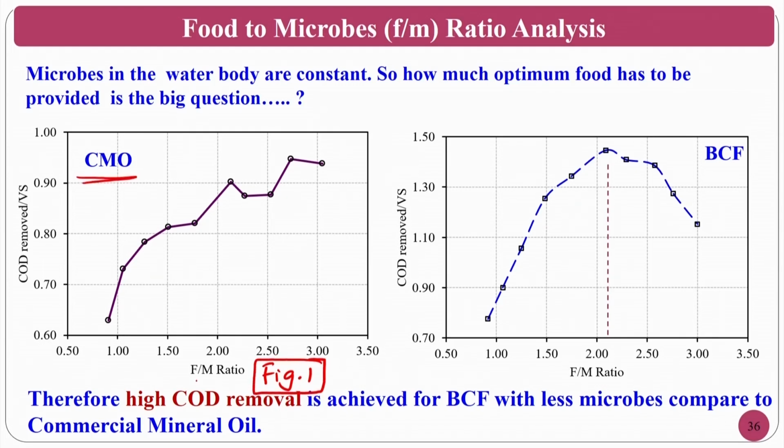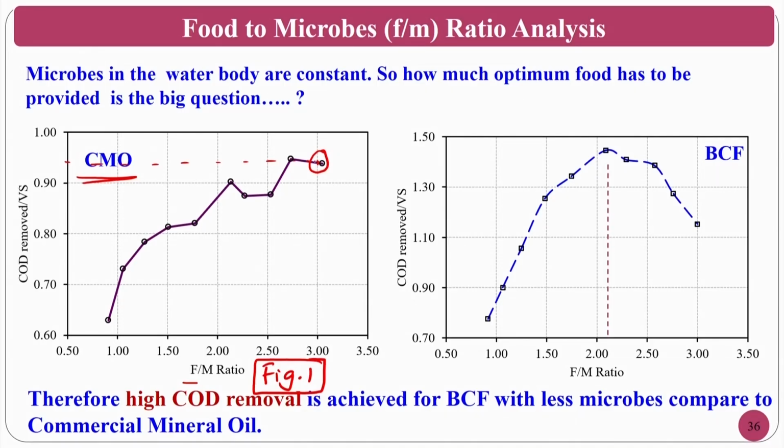Okay. So, I am using the food to microbes ratio, that means I am giving food, that means the minerals, vitamins and other food. Even though I am giving up to 3, my COD is approximately less than 1. Okay.